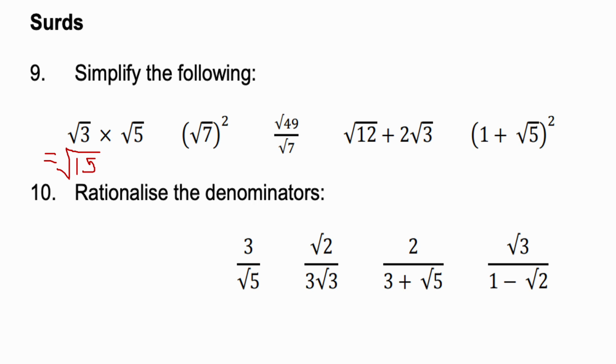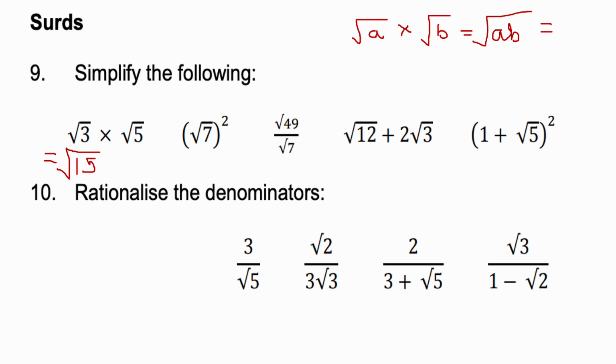So the first law of surds is root A times root B, where A and B are any real numbers, then it becomes the square root of AB. So feel free to make a note of that and copy it down if you need to.